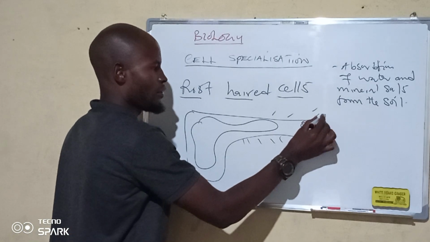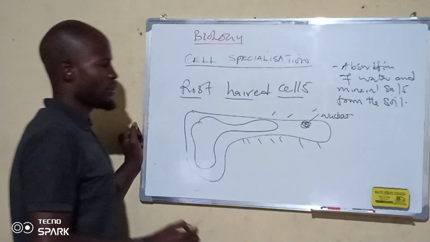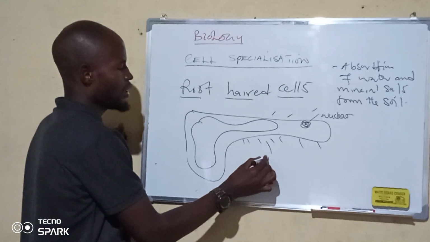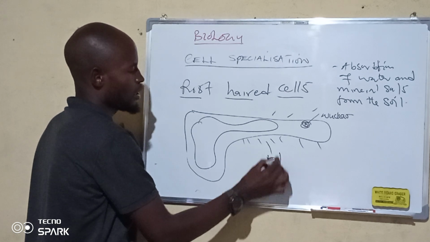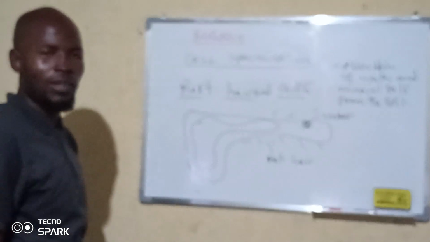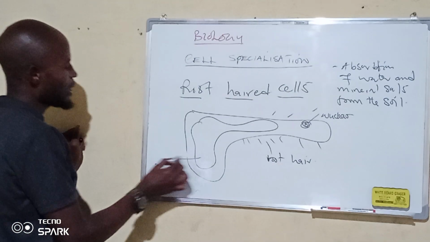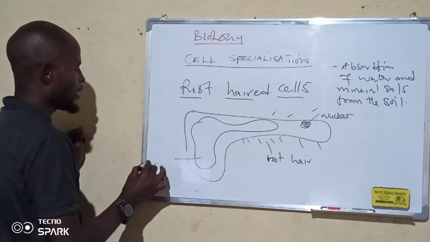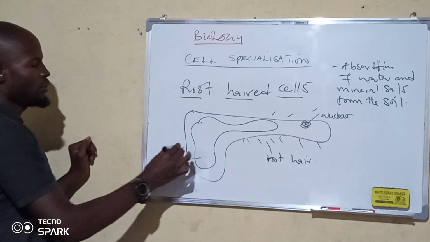This part is the nucleus. And then we have these two more things, which are the root hairs. If it is in your nose, we call them cilia, but here it's root hairs. Then this part, where after absorption has taken place the water goes, is known as the vacuole.